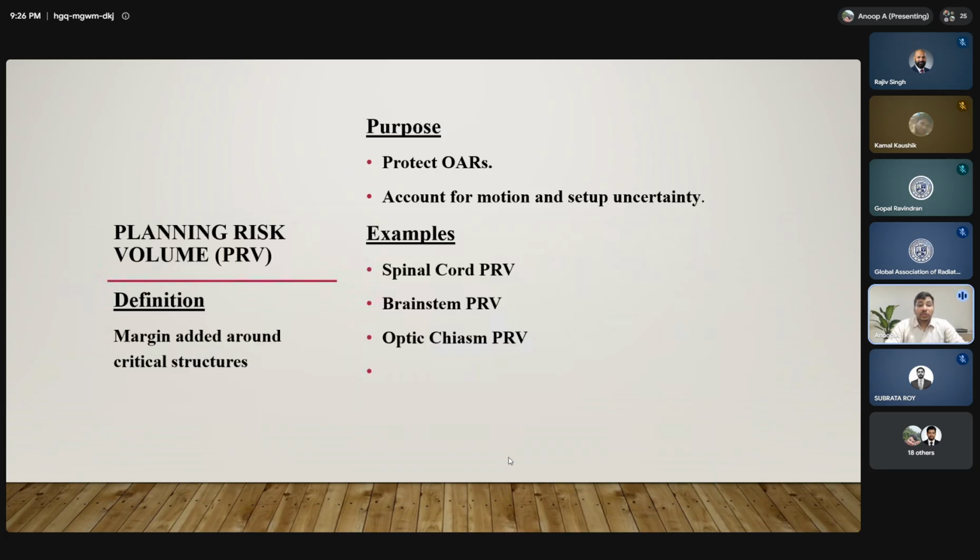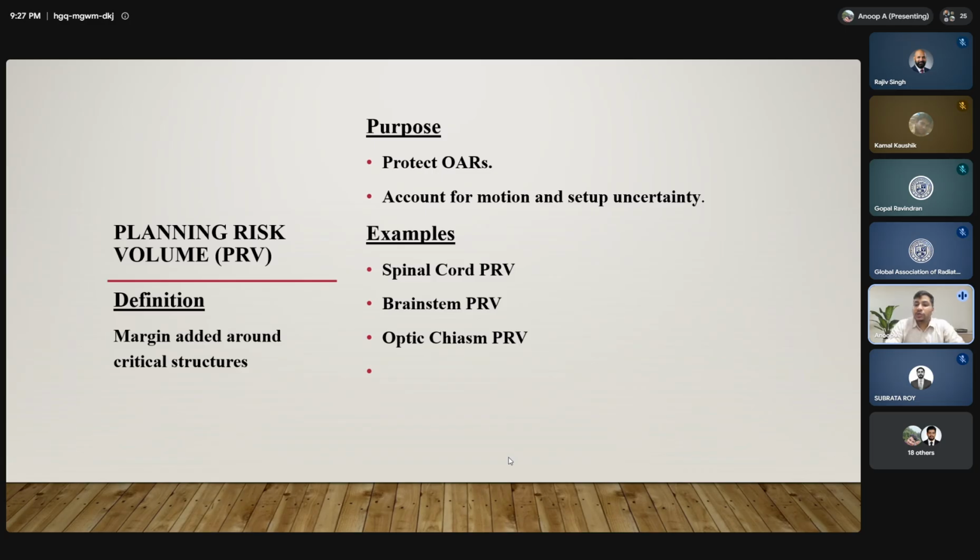Next, planning risk volume, PRV. In radiotherapy, PRV stands for planning organ at risk volume. To understand the PRV, you first have to understand OAR. OAR means organ at risk. An OAR is a healthy critical organ near the tumor that could be permanently damaged if it absorbs too much radiation, like the spinal cord, brainstem, or optic nerves.